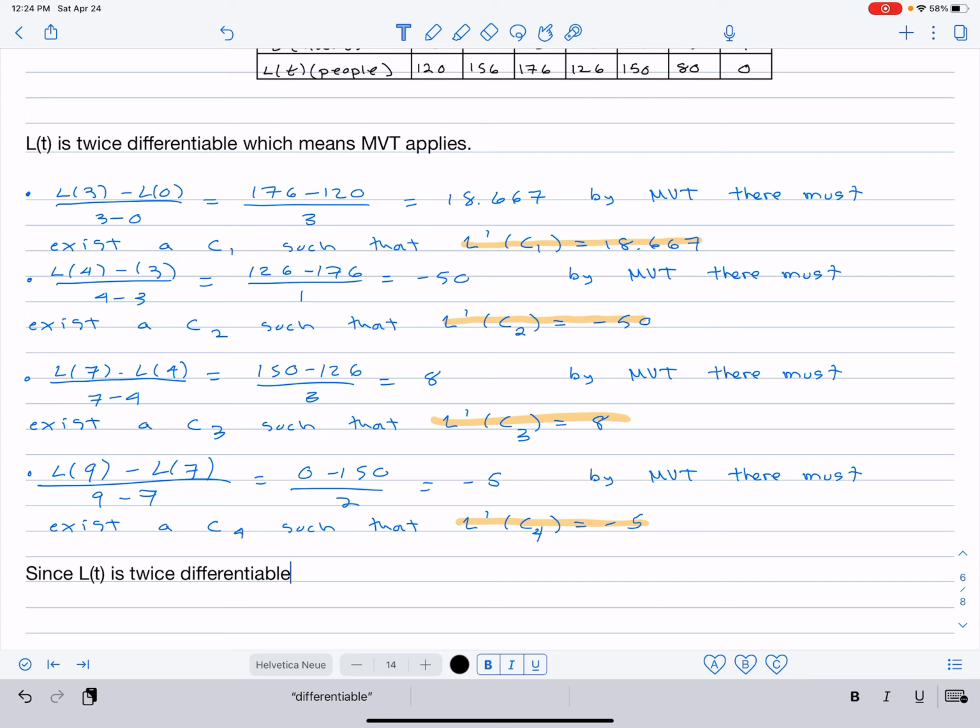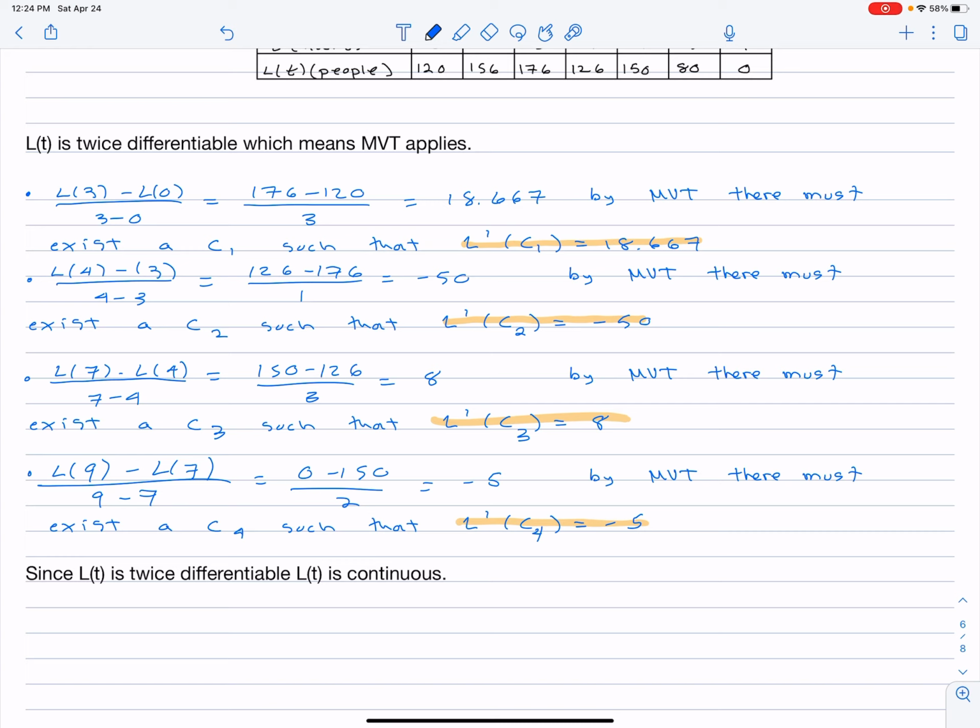Twice differentiable is just overkill, but let's just use their wording. Since L of t is twice differentiable, L of t is continuous. So why is that useful, right? Well, here's why.